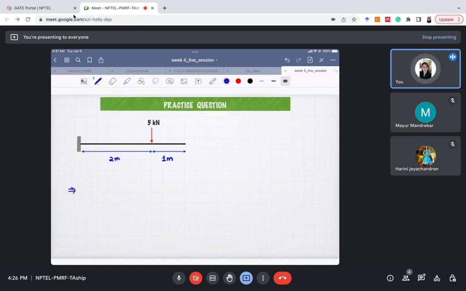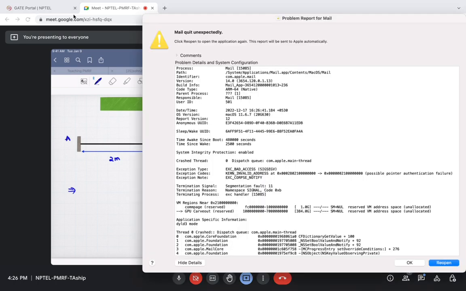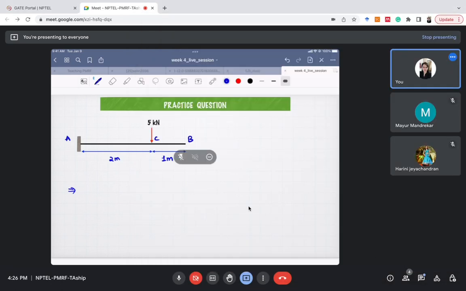Now suppose there's a cantilever beam with a load applied at, let's say, the C position. So how will this beam deflect? It will deflect like this. Till point C, it will be a curved line, because till point C the load is there.